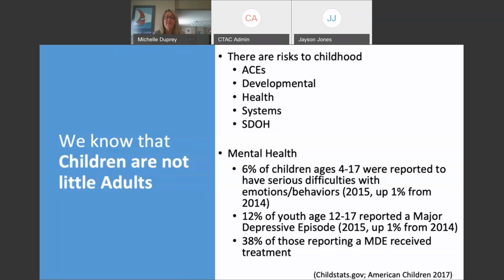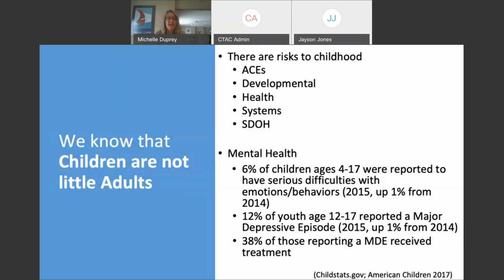Again, children have developmental risks. They have autism spectrum disorder, cerebral palsy, developmental disorders. They have health risks, especially as it relates to poverty, clean water, and food deserts. There are many different aspects of health to think of specifically for the youth population, which sometimes is even less brought up when you're talking pediatrics.